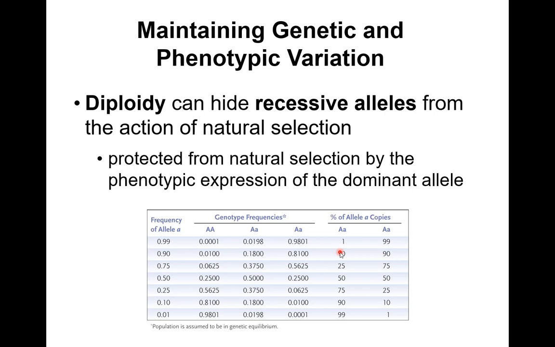Obviously, the frequency of the allele in the population will be extremely low, but it is still kept there for eventual success in natural selection if conditions change. So diploidy is one mechanism that protects polymorphism of recessive alleles.